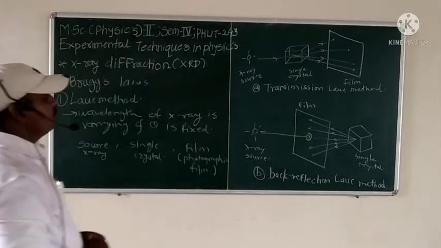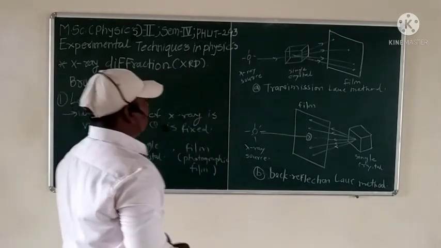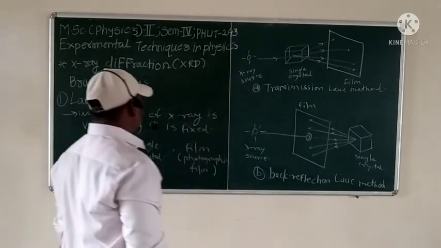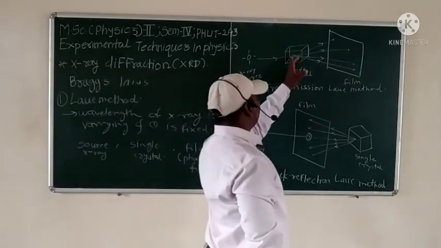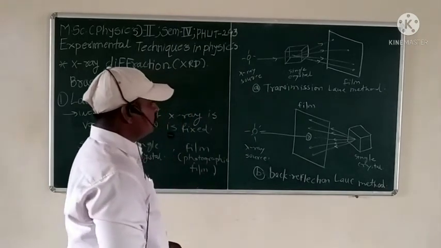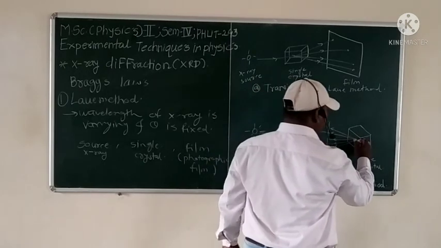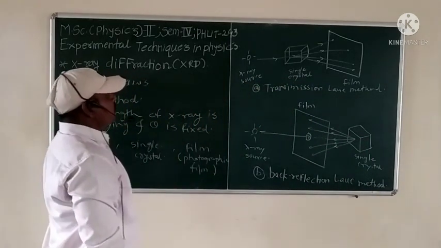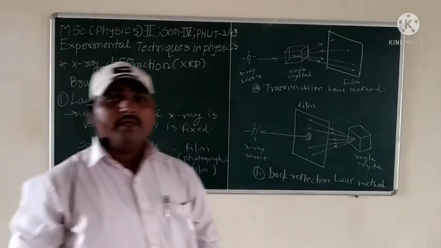So with the transmission Laue method and the back reflection Laue method, the conclusion is that the diffracted rays from the different planes have different wavelengths, which depend upon the different planes included inside the crystal. So this is all about the Laue method.